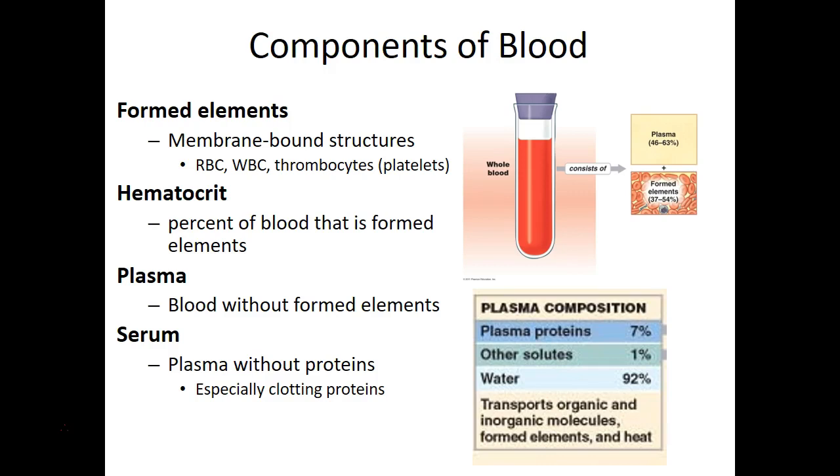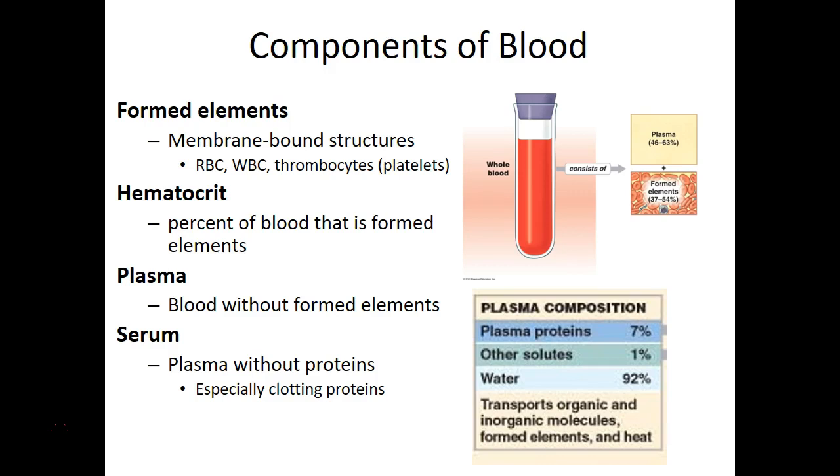If we remove all of the formed elements, that just means we're really removing the platelets, red blood cells, and white blood cells, everything that's relatively big compared to, say, the size of a protein. Now, if we remove all the clotting factors, which are involved with clotting of blood, from the plasma, we have serum.